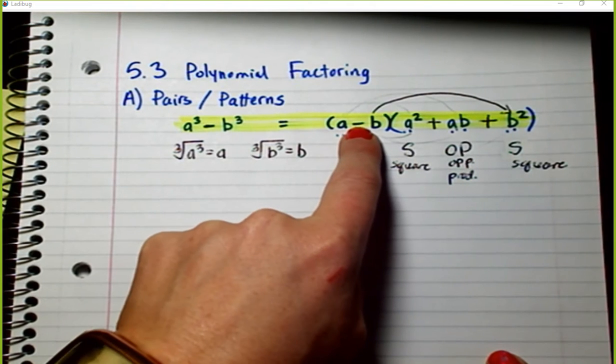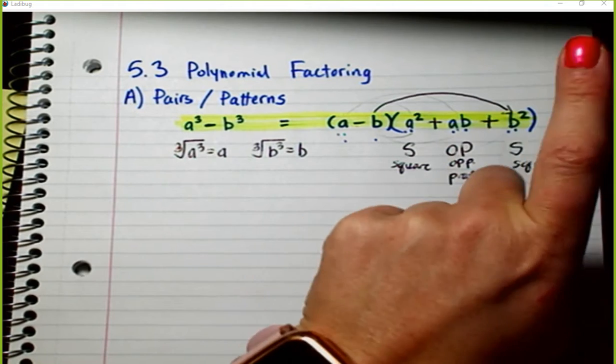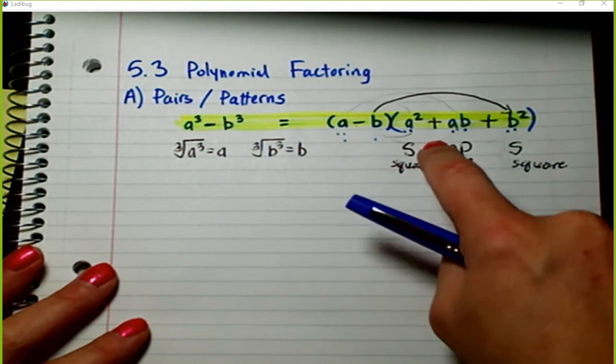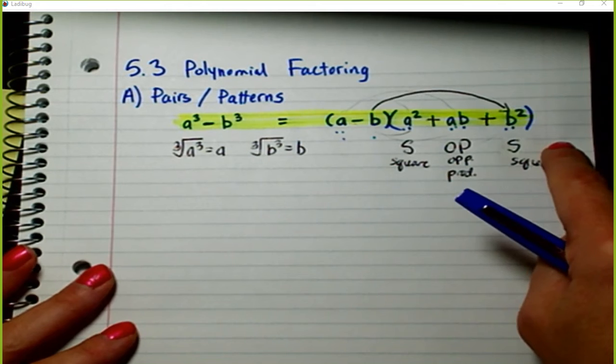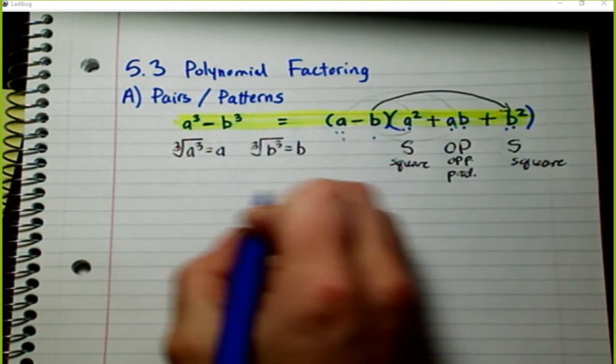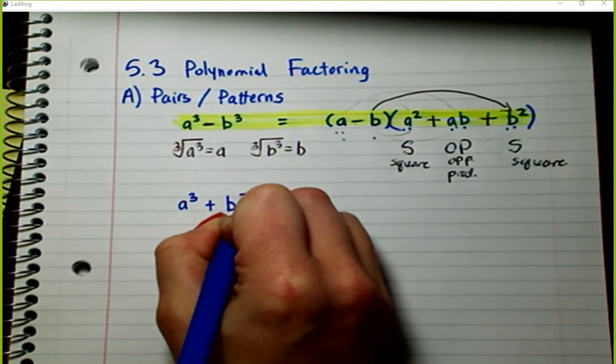Okay, opposite the negative, A times B, square it, B times B. All right, A times A, opposite product, B times B. That's your formula.